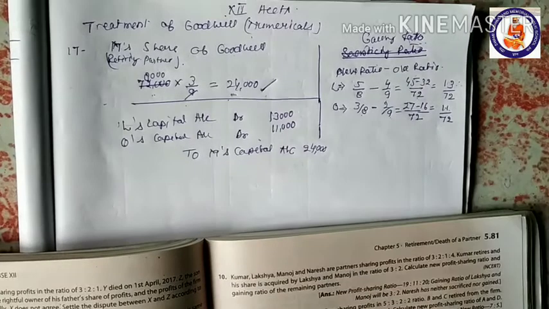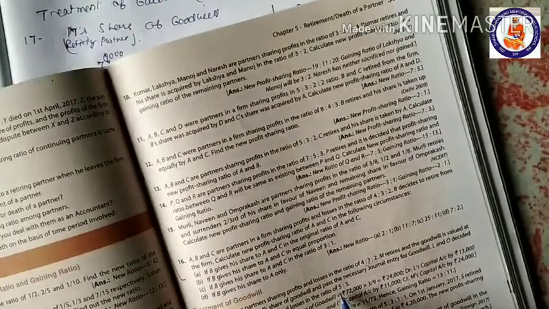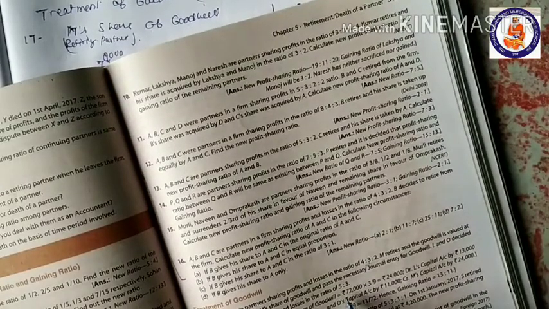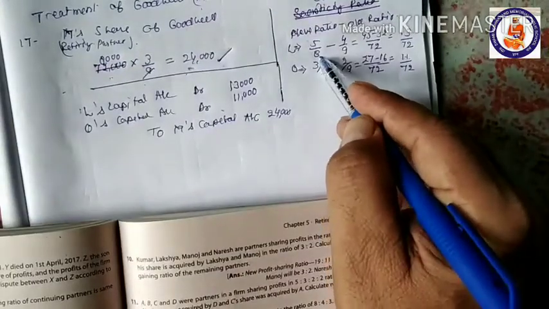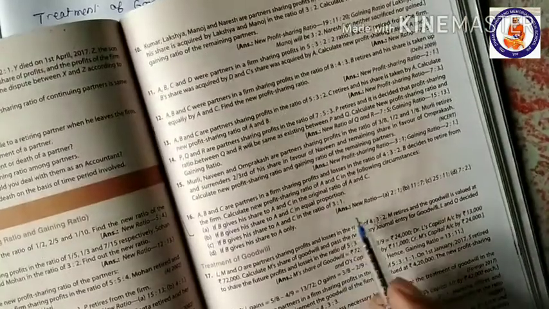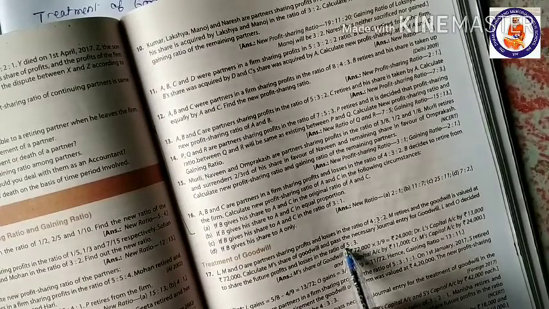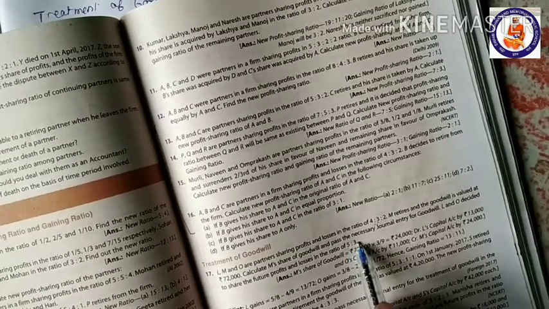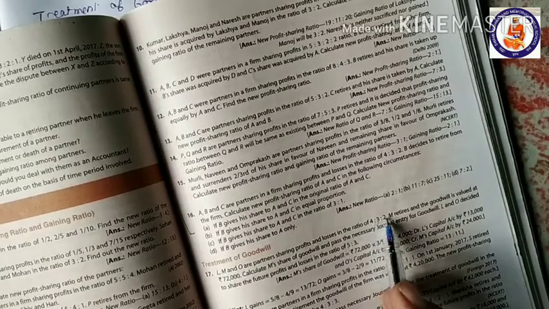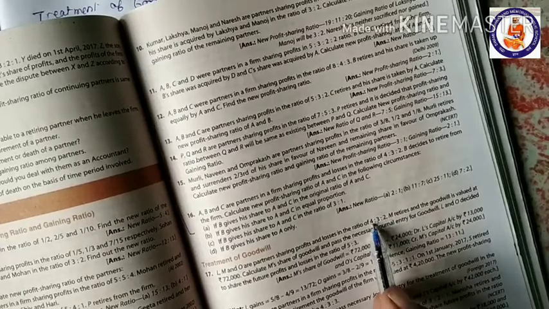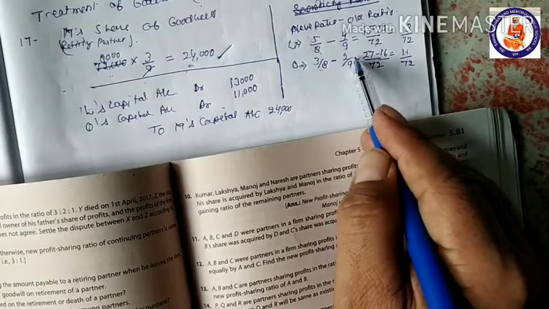The new ratio is given in the question: L is 5 upon 8 and O is 3 upon 8, they are going to share profits in 5:3. The old ratio is 4 upon 9 for L, as the total shares are 4 plus 3 plus 2, which is 9.